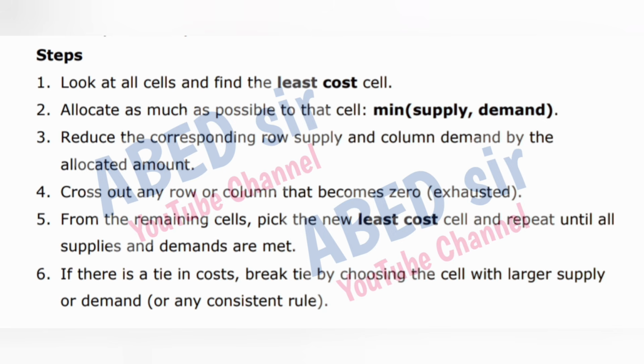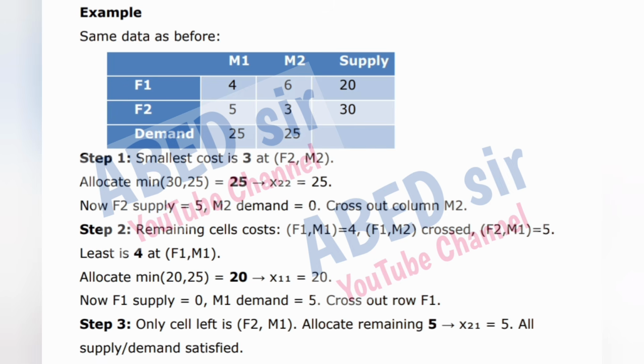From the remaining cells, pick the new least cost cell and repeat until all supplies and demands are met. 6. If there is a tie in costs, break the tie by choosing the cell with larger supply or demand, or any consistent rule.